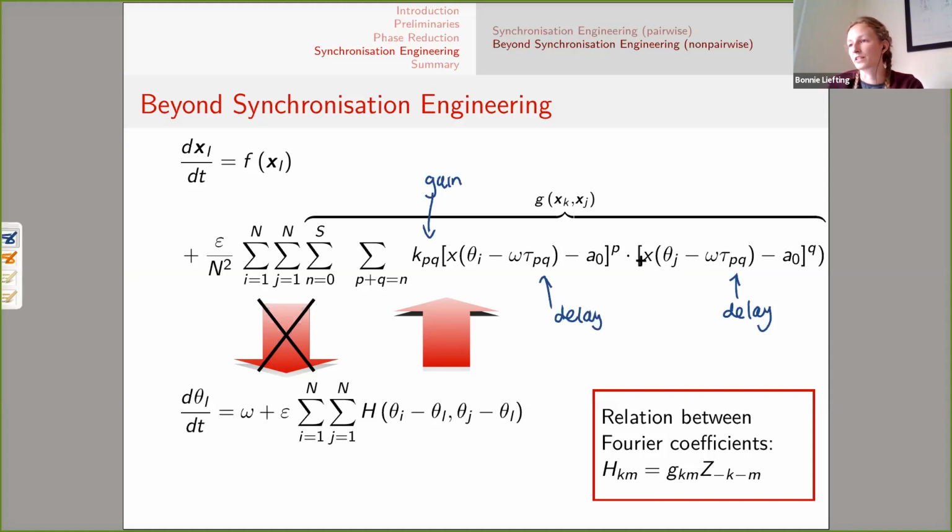But you also have mixed terms, where P is not 0 and Q is not 0 either, then you have information coming from one oscillator and coming from another oscillator. And then being multiplied together, it's combined somehow, and then it's determining how to contribute to this oscillator. And so you have a lot more opportunities here to match these different phase models.